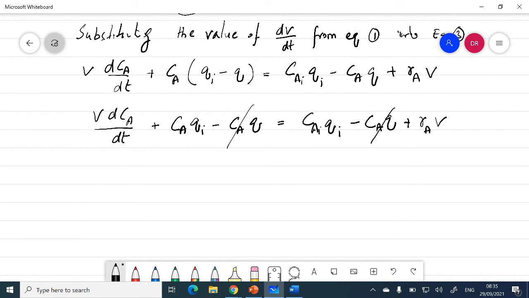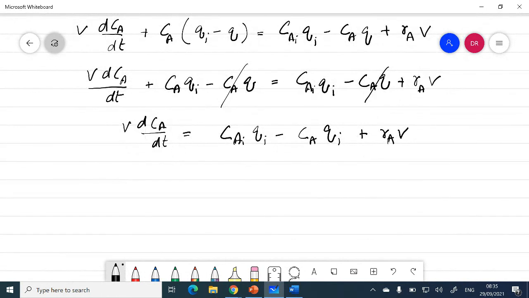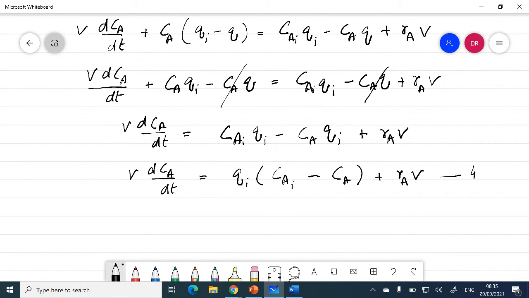Then V dCA by dt is equal to CAI QI minus CAQ plus RA into V. So this will be V dCA by dt is equal to QI, which I can take as common, CAI minus CA, plus RA into volume.